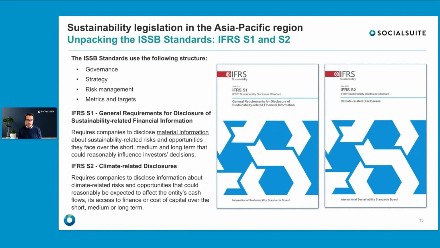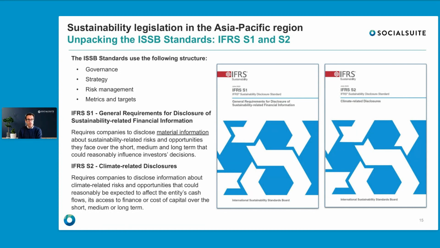So what that means is the standards are really focused on what they call financial materiality. We're looking at the impacts the world at large has on the business. So what are the risks and opportunities that could affect your enterprise value in the short, medium, or long term? We'll get to that difference a bit later in this webinar, but it's important to realize that this is all about the impacts the world at large has on the business, financial materiality.